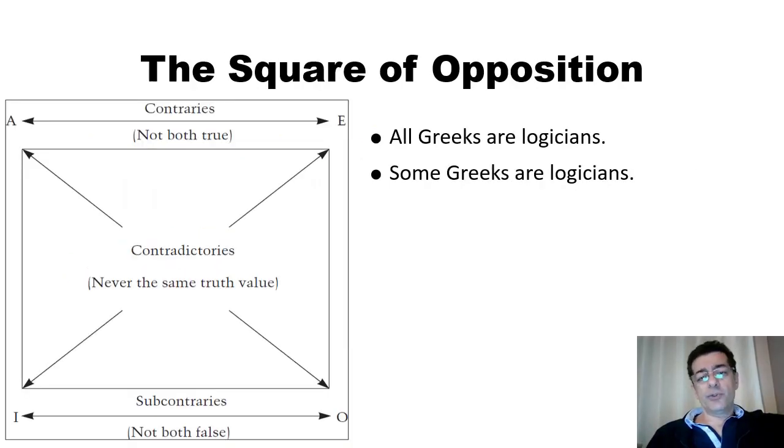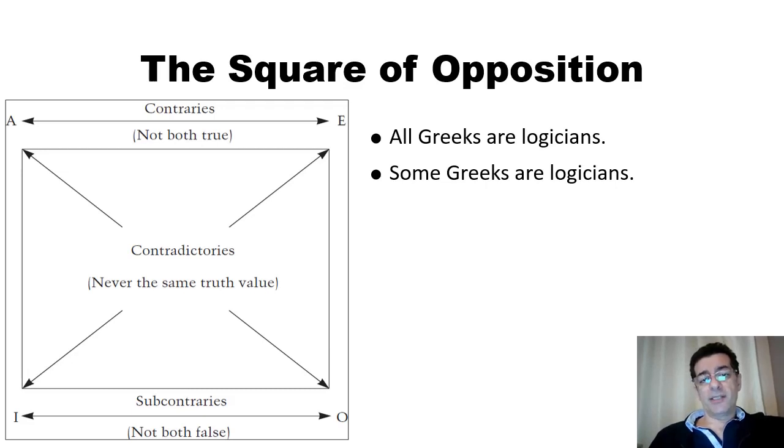If I want two categorical claims to correspond to each other, they should have the same subject and predicate terms. Look at these two sentences. All Greeks are logicians. A claim corresponds to the I claim. Some Greeks are logicians. They have the same subject and predicate terms.